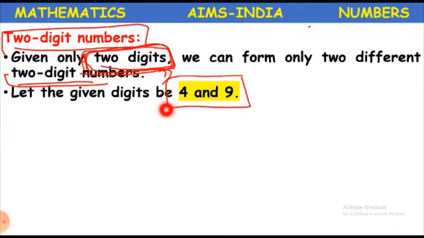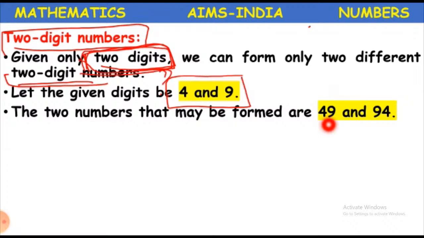Can you say what the 2-digit numbers formed with 4 and 9 will be? Yes, the 2-digit numbers formed using 4 and 9 are 49 and 94. Just think of this as, 4 is you and 9 is your best friend. Now we have a bench on which you both have to sit.